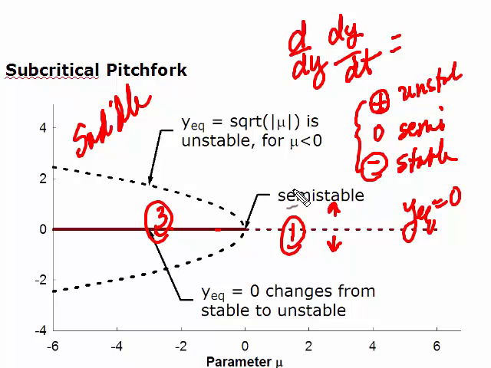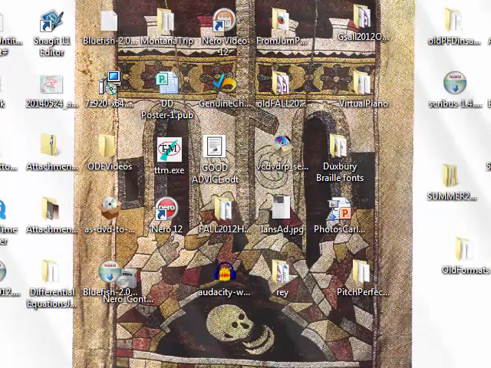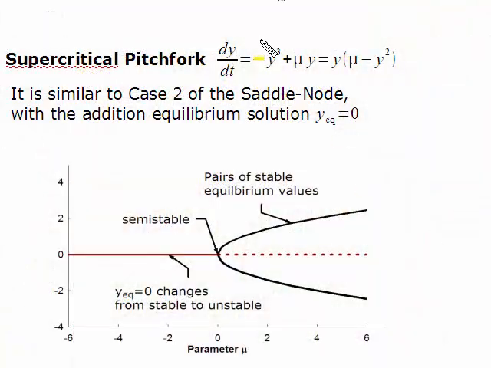This is a subcritical pitchfork. The supercritical is the same, it's just a mirror image of this. So here's a supercritical pitchfork. The equation is similar to the subcritical, only there's an additional negative sign here. And when you factor it, you get case 2 for this saddle node, and you have the additional straight line y equals equilibrium equals 0.